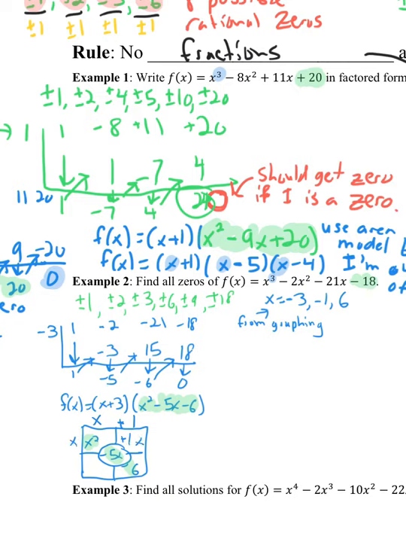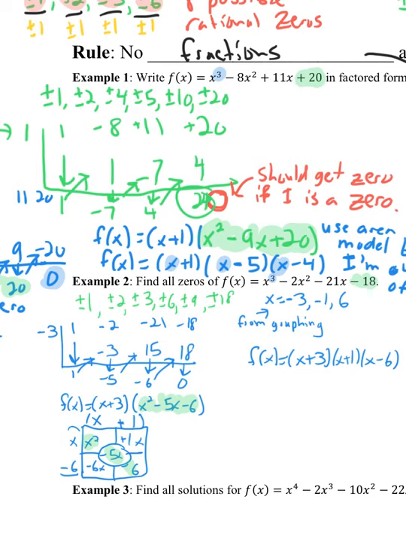And one of the zeros was a positive 6, so I should do an x minus 6 here. And that'll get me my factors really fast. Okay, and then once it's all done, I can say f of x equals x plus 3, x plus 1, x minus 6. There's all of my zeros in factored form.